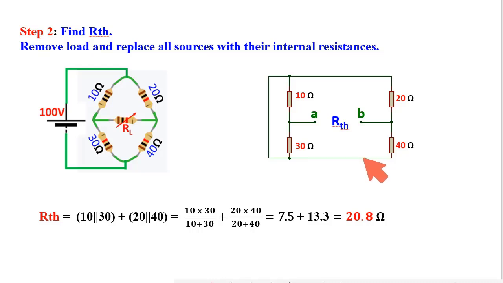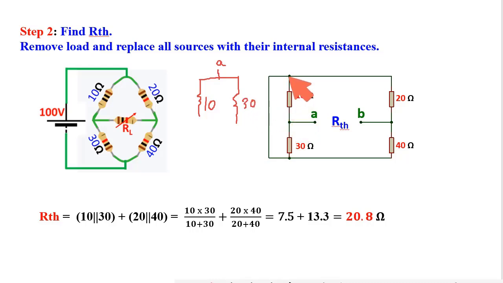If it is difficult to understand which resistance is in series or parallel, you may redraw this resistive combination into a simpler one. Say I am starting from A, so this is point A. It is having two paths, 10 ohm and 30 ohm. So redrawing it with two paths, this is 10, this is 30.